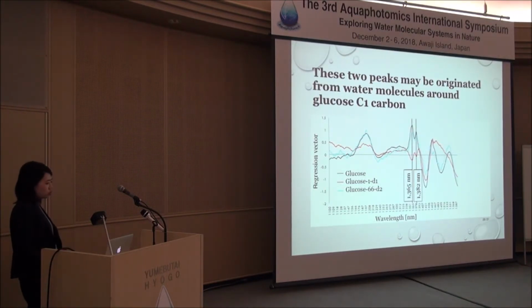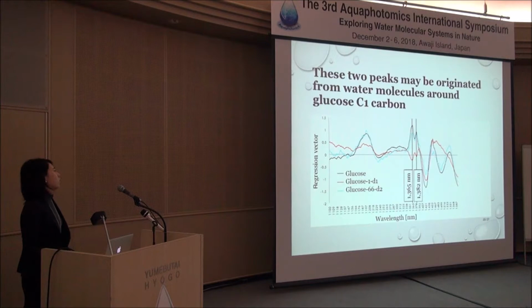Finally, I want to touch on the OH and CH region around 4000 nanometer in the regression vector. In this region, there are possible peaks from CH and OH of glucose and OH of water molecule. You can see there are two peaks that change in opposite directions in glucose 1-D1.